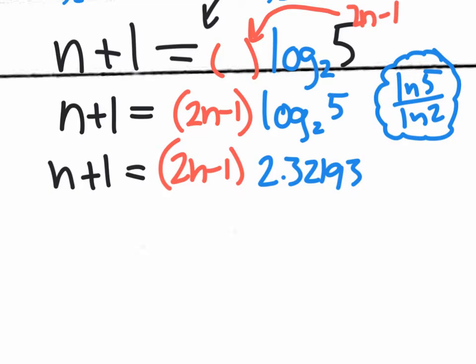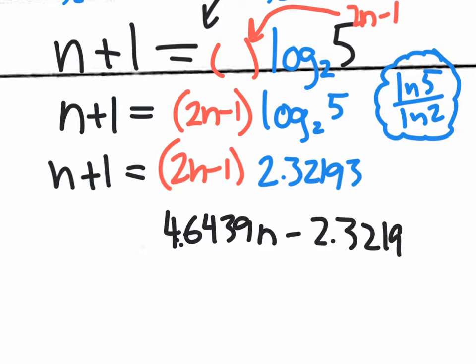So that'll be 4.6439n minus 2.32193. Okay, and of course it still equals, still n over here plus 1 over here. I'll be sad if I do all this work and we have the wrong answer.